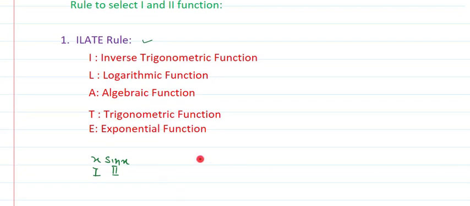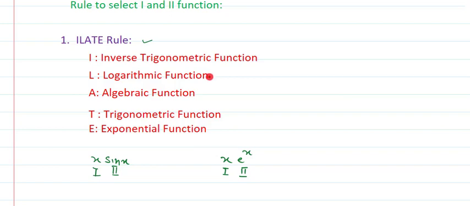Similarly, let me take one more example. Suppose the function is given to you as x into e power x. Again, x is an algebraic function and e power x is an exponential function. So again, the algebraic function will be named the first function and the exponential function the second function.